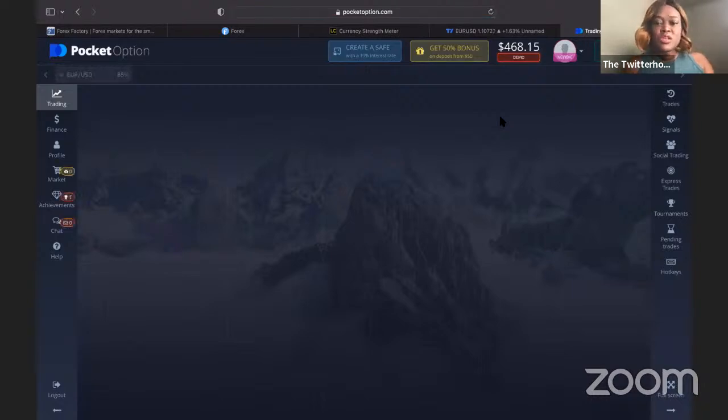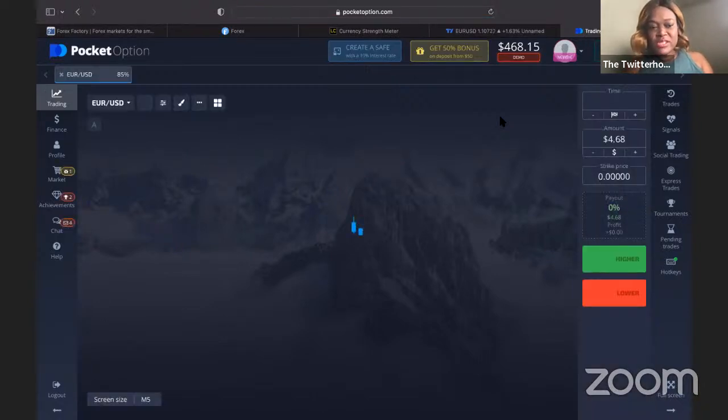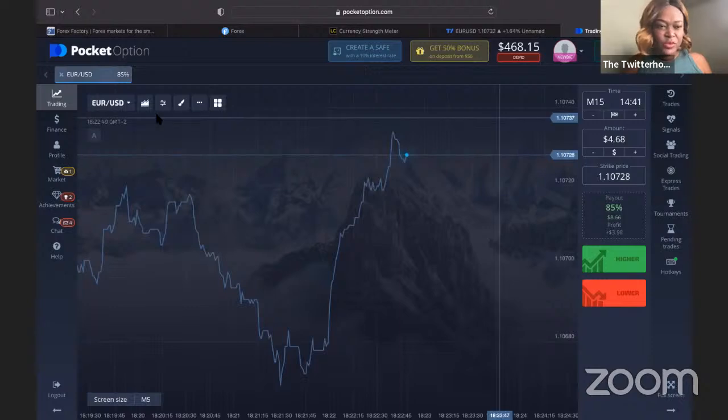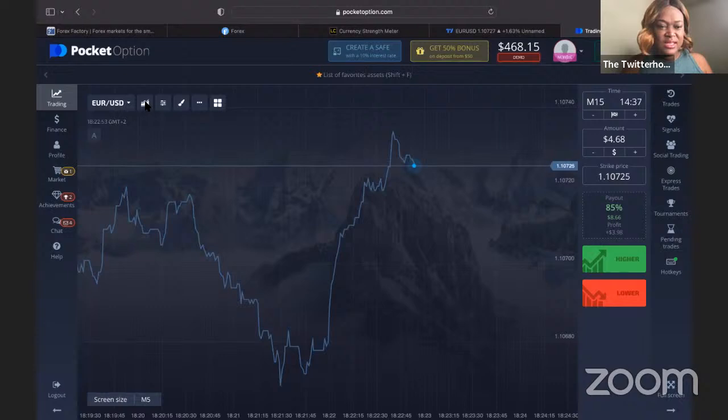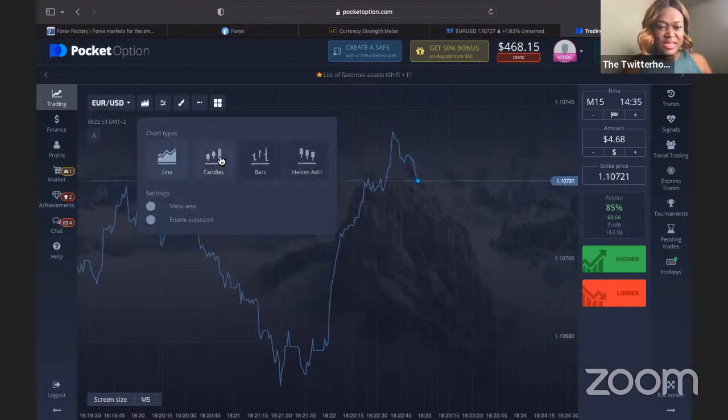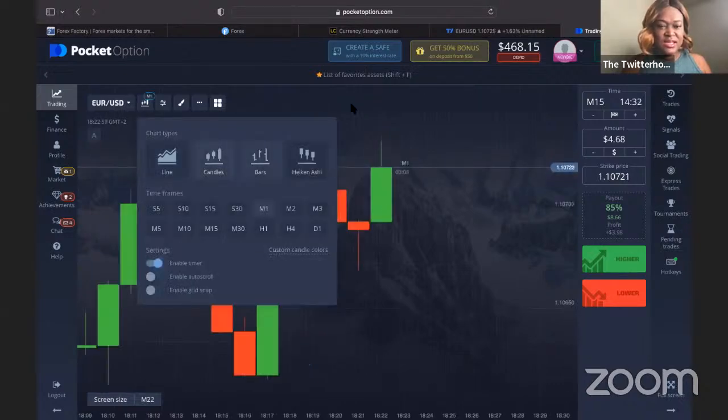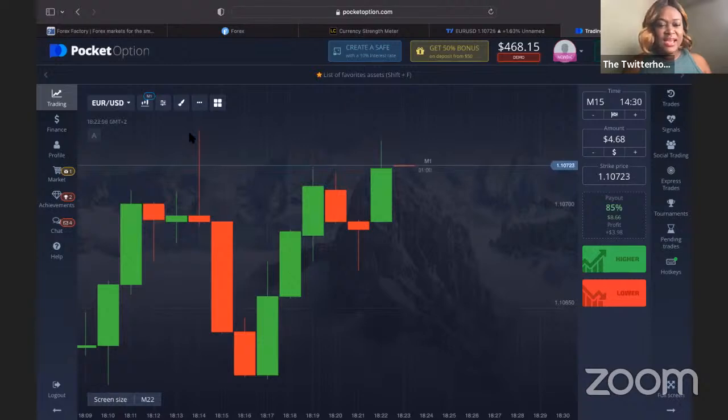So for Pocket Option, when you first log in, it won't look like this. You will have candles, it will look like this. And I believe you will have stocks here. So you're gonna click right here, right?